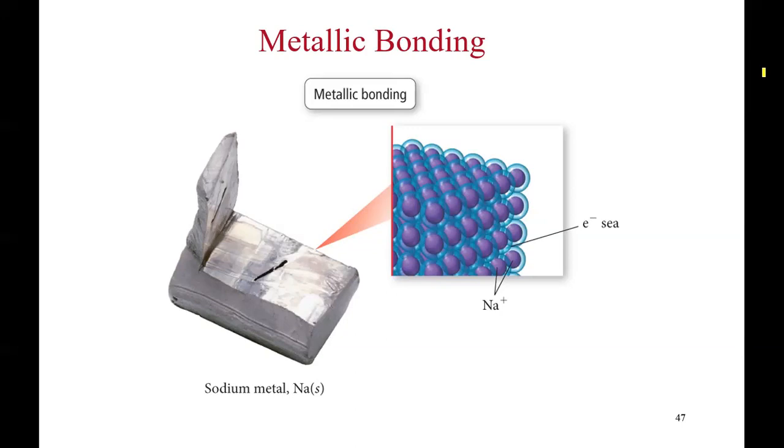And then the valence electron of each atom is delocalized all over the structure in the form of an electron sea. So that's the model for metallic bonding.